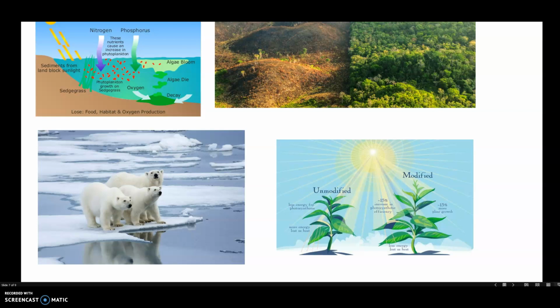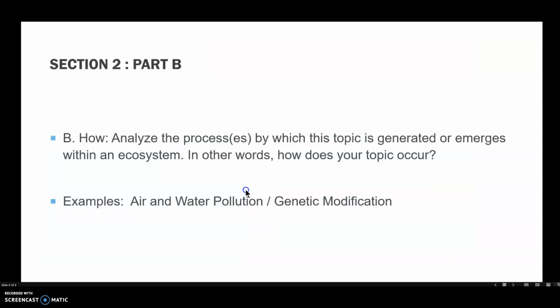So it might be a very specific lake, or the Gulf of Mexico, or the Mississippi River. If you're talking about a specific population, if you chose population ecology or endangered species, so I have a picture of the polar bears, the ecosystem that topic is emerging from is the Arctic. So that's what I mean by that particular section.